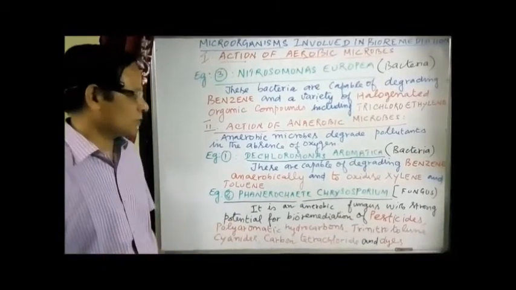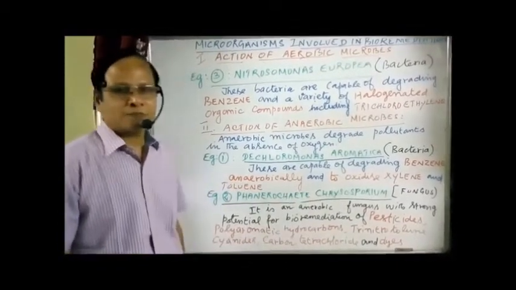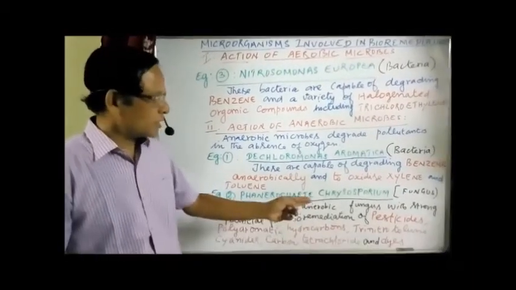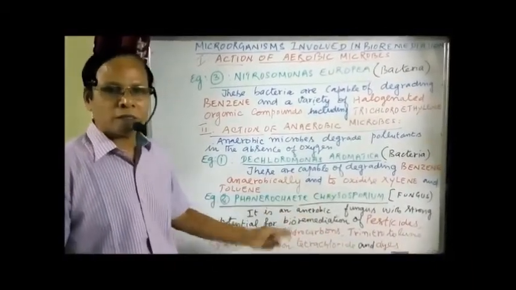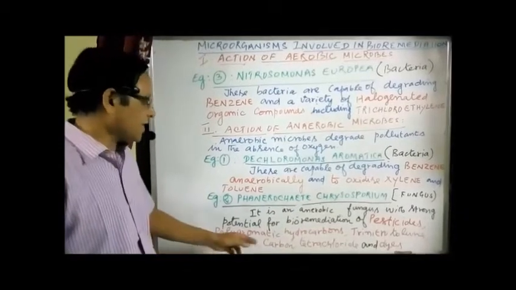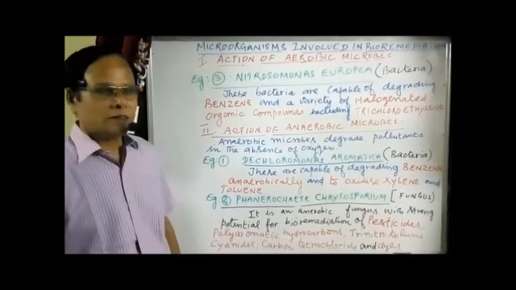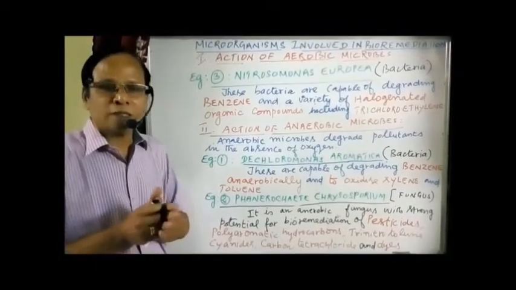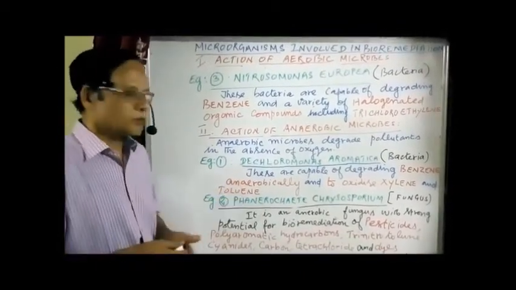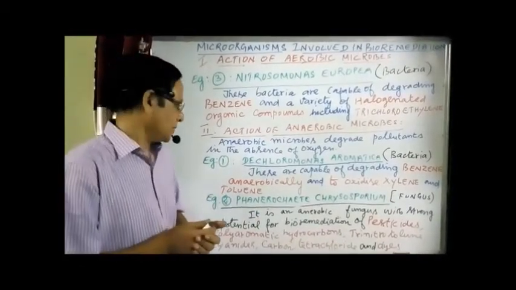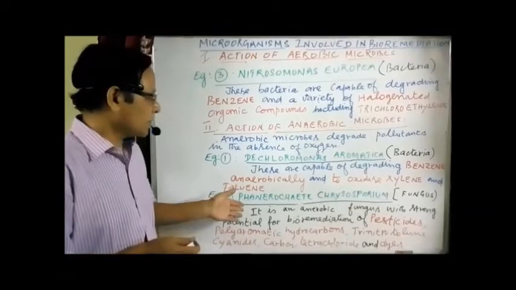For example, pesticides, polyaromatic hydrocarbons, then also trinitrotoluene, then cyanides, then carbon tetrachloride and dyes. So it has the ability of degrading a variety of compounds, both the pesticides as well as the hydrocarbons, etc.